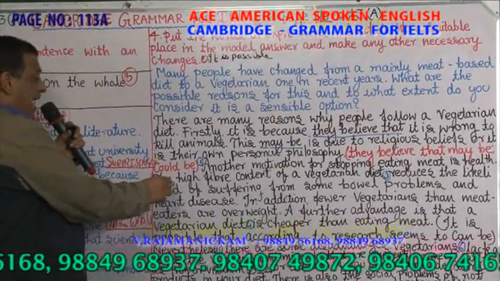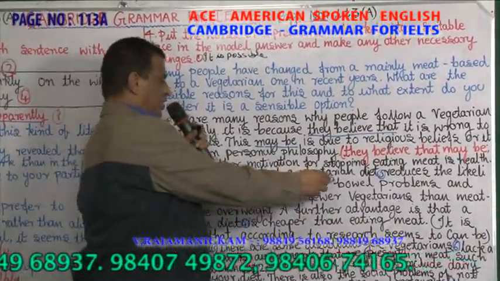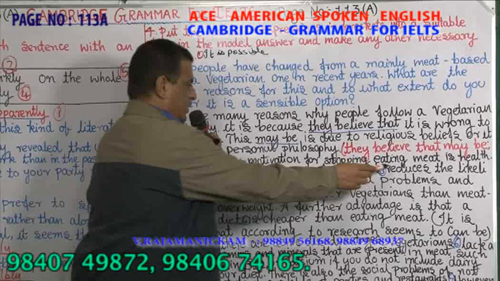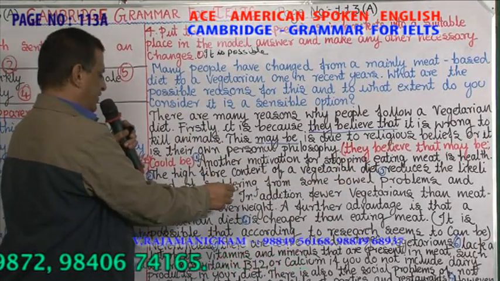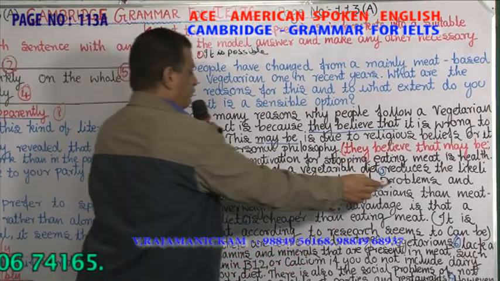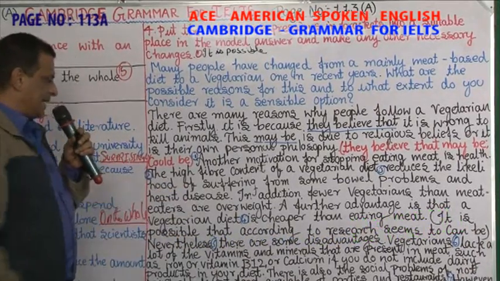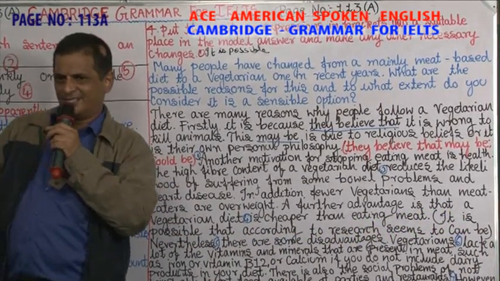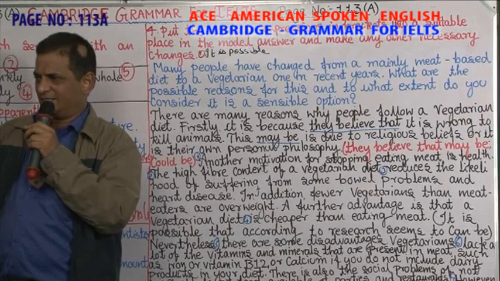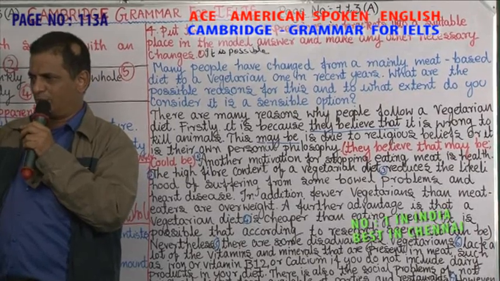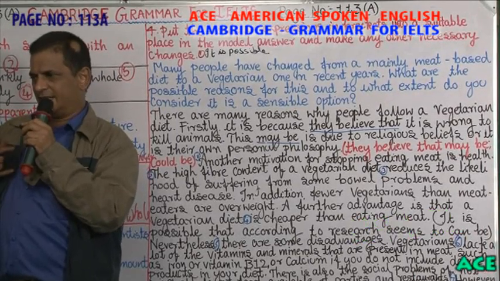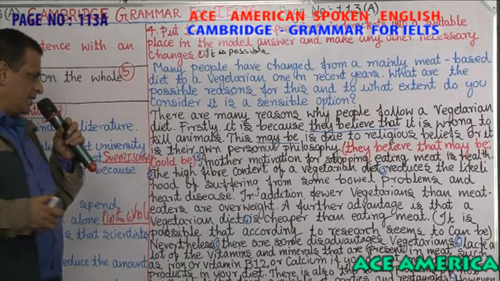Next, the high fiber content of a vegetarian diet reduces the likelihood of suffering from some bowel problems and heart disease, right? So, eating non-vegetarian creates some bowel problems and some heart diseases, right? So, what is the word you can use here?